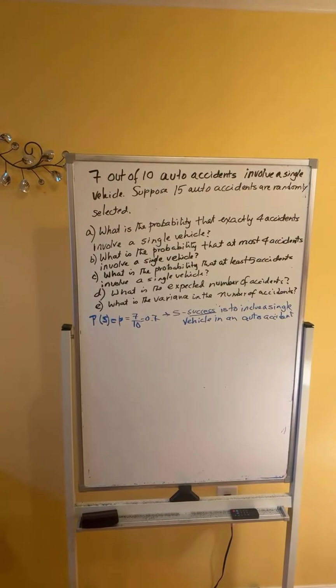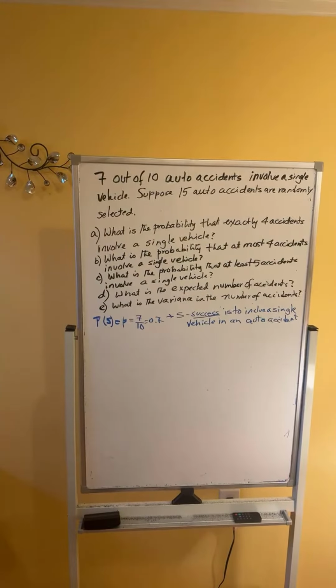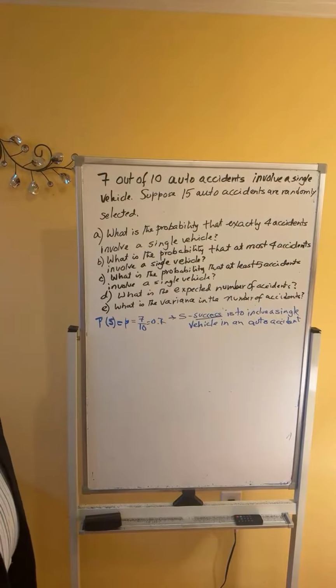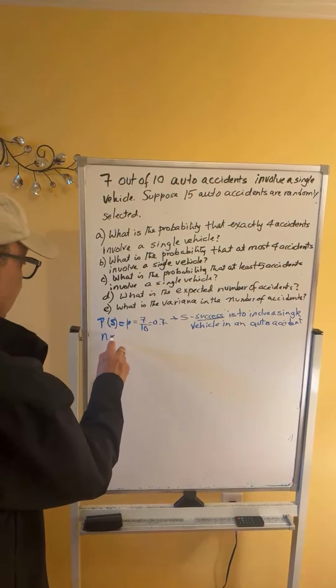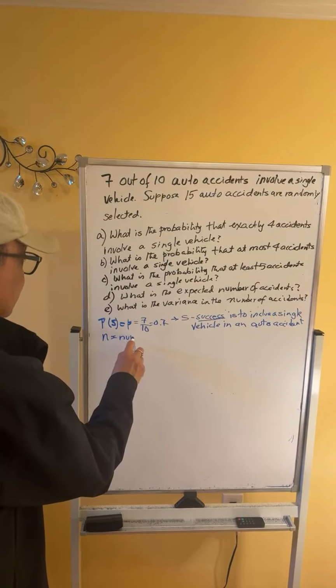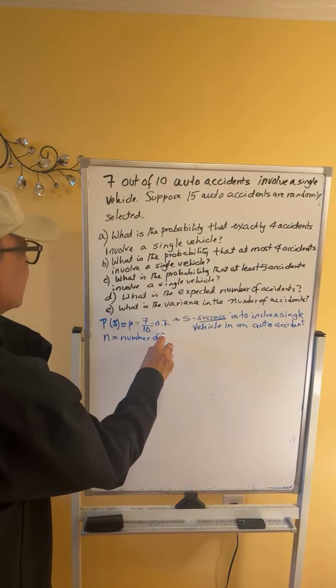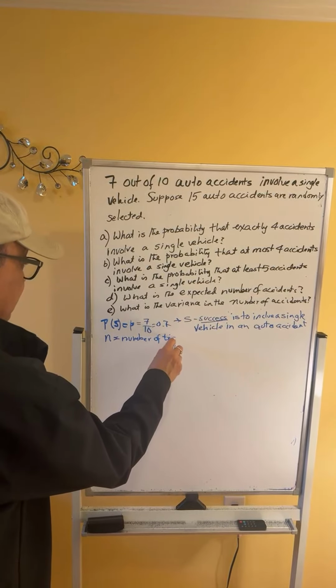Okay, so my probability of success is 0.7. My sample size or number of trials, N, is 15, since 15 accidents are selected randomly.